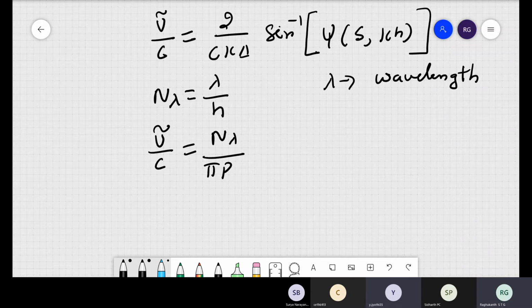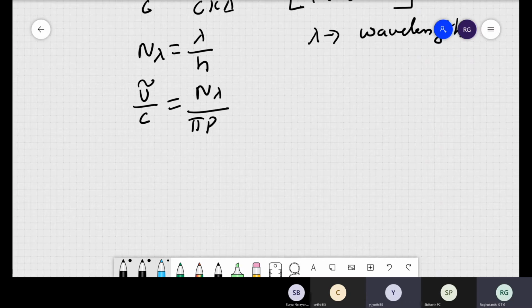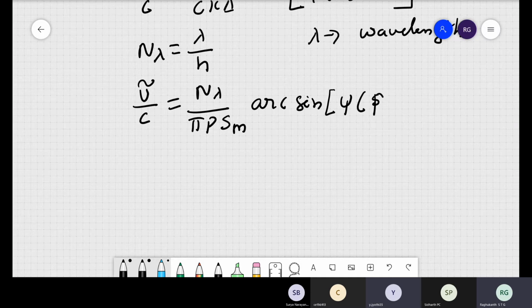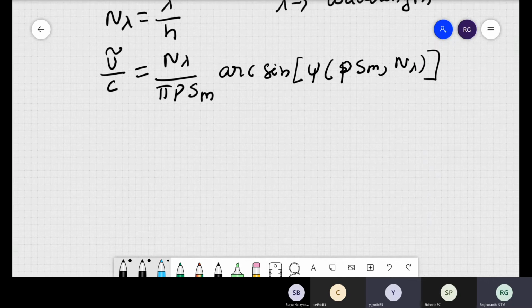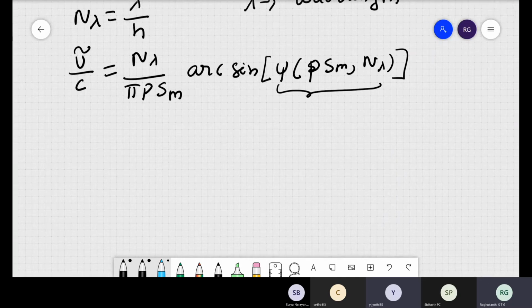Now you see we can write in terms of the number of samples per wavelength, which we defined long back, Sm, all those things we have defined. So arc sine, sine pi, s comma p times Sm comma n times lambda. So this quantity is your psi Sm comma this one, and it depends on your schemes.